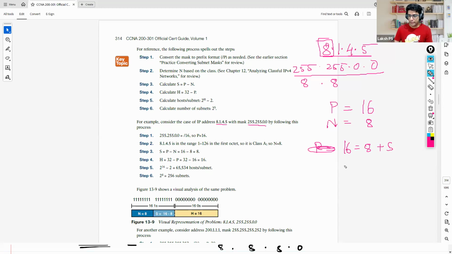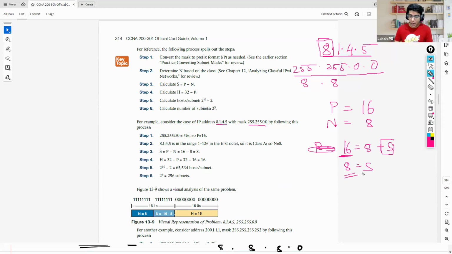So the subnet bits here are again 8. The extra ones that you have, which are the subnet bits, are also 8 in number. So you have 8 network bits and 8 subnet bits, totaling your prefix length to 16, so you have 16 ones like this. I hope this is clear. So your S bits are 8 in number.